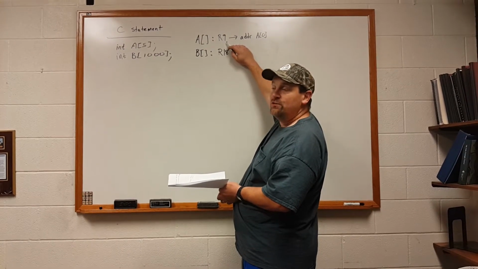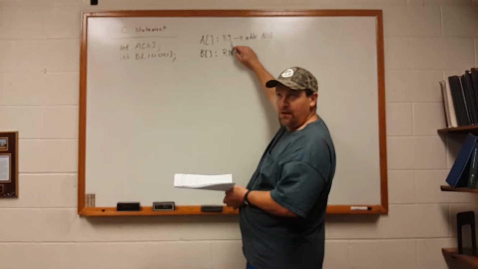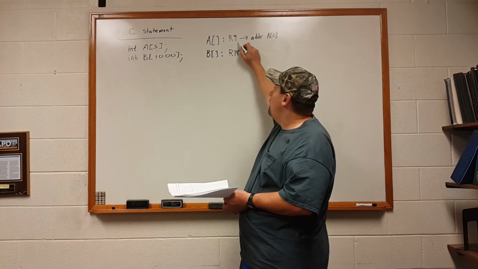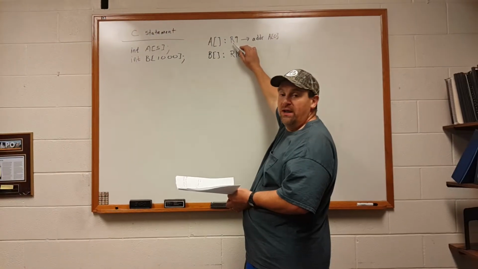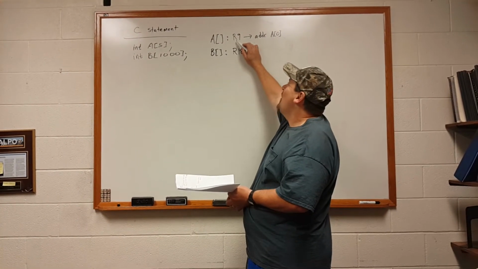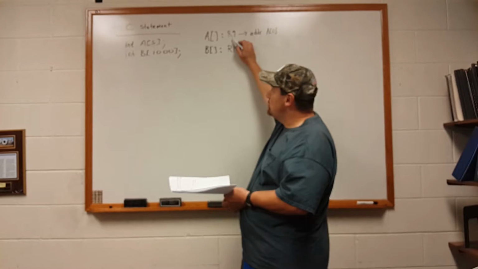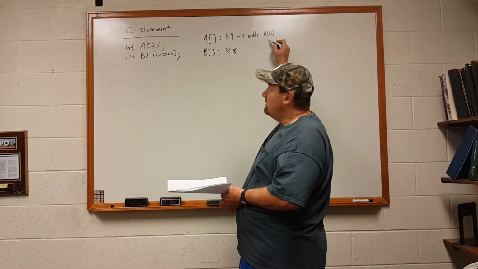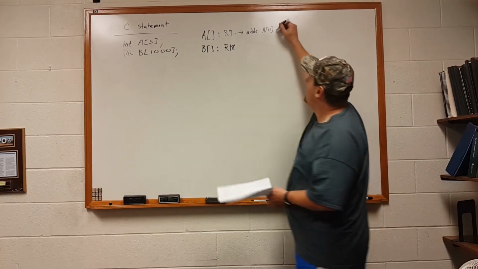R9 plus 2 is the third byte, and R9 plus 3 is the last byte of the 32-bit, or 4-byte, integer A of 0.